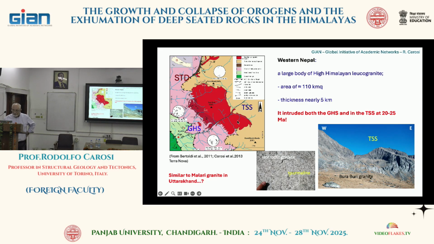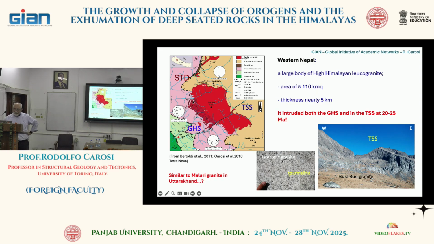So we made several expeditions from the southern part, from the northern part, just to map the granite, and at the end we mapped by aerial photos and other similar things. Of course there is no vegetation cover because we are more or less at 5,000 meters of altitude, so the rocks are very well exposed and it was very easy to map.